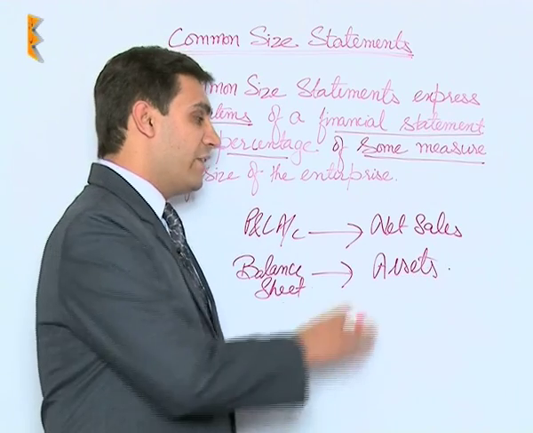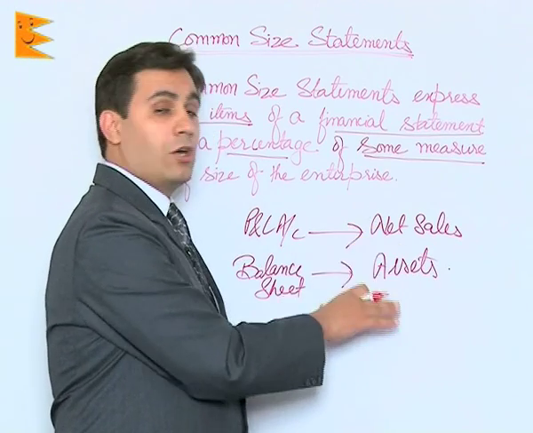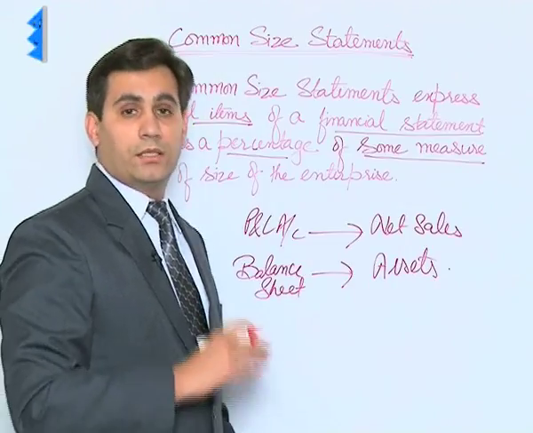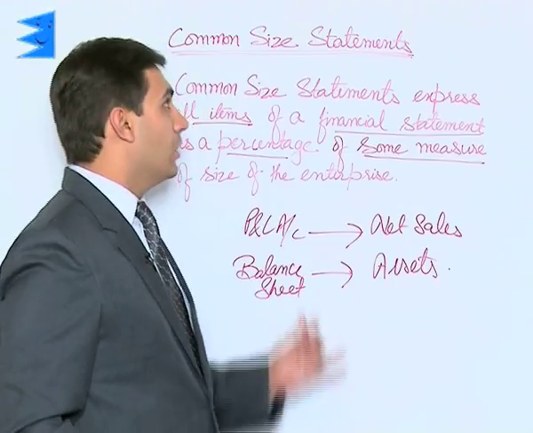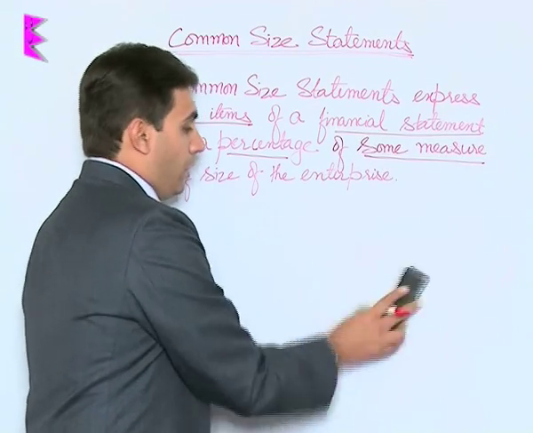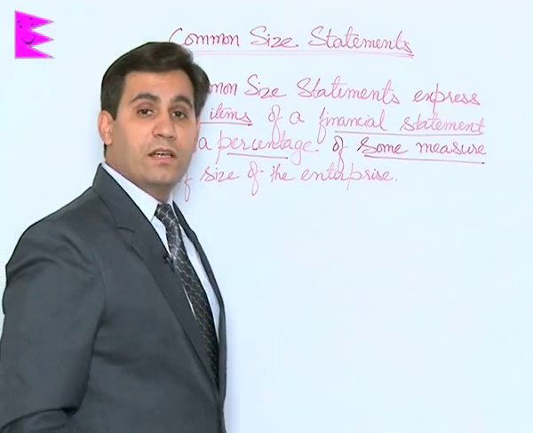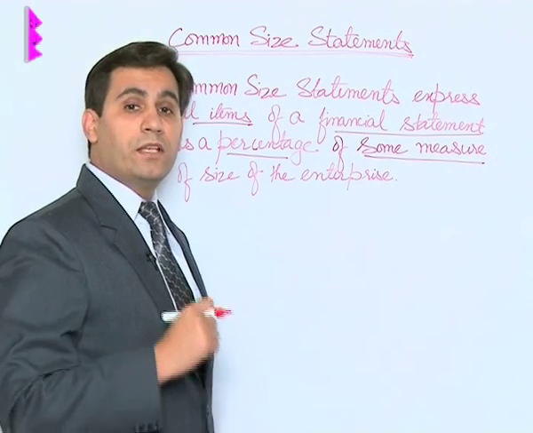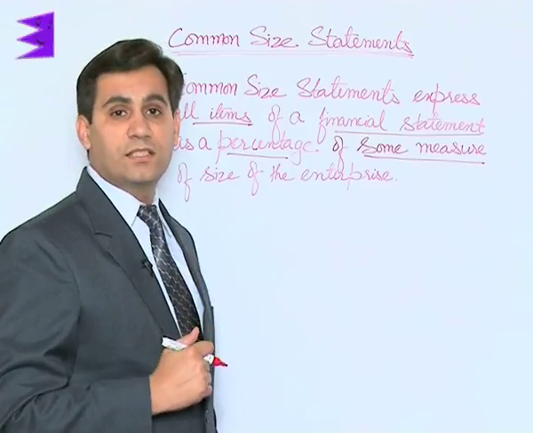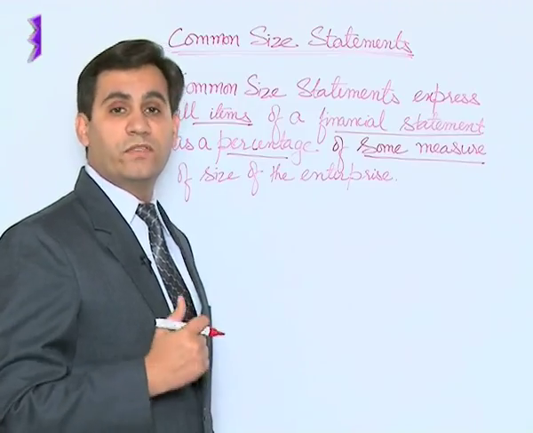So when each and every percentage is expressed on a common measure, it becomes easier to compare. This kind of analysis, based on common size statement, is very useful for comparing the figures of businesses in which there is a great disparity in terms of size or in terms of time.